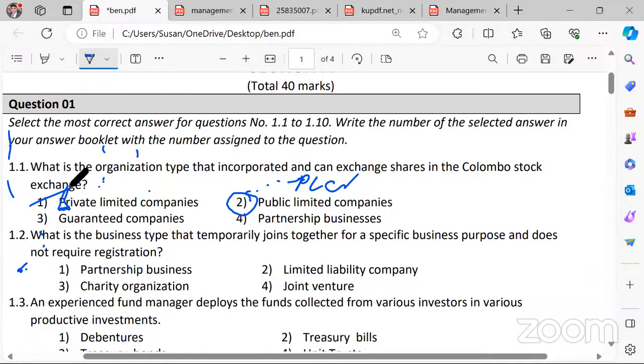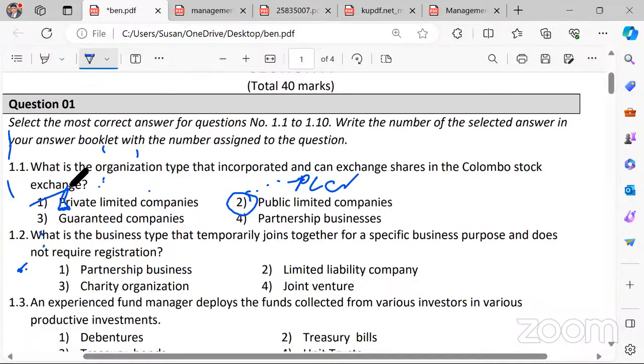What is it? Partnership business, where two partners together form this type of business? Limited liability company, charity organization just like YMB, or joint venture?